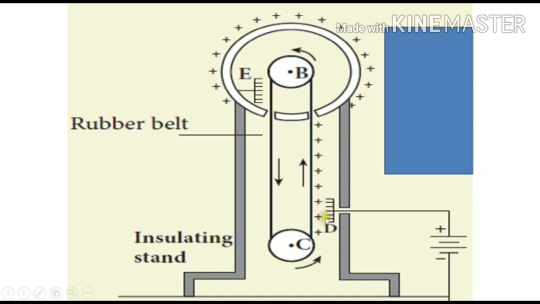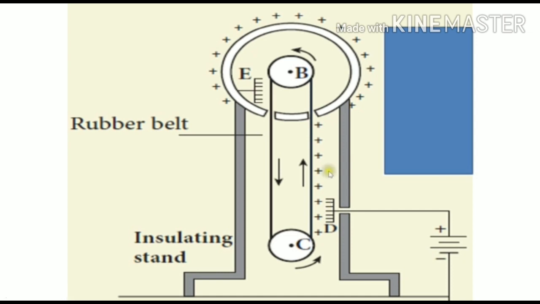Due to the ionization, the positive charges are attracted by the belt and negative charges are attracted by the comb D. The positive charges are distributed uniformly on the outer surface of the hollow sphere.